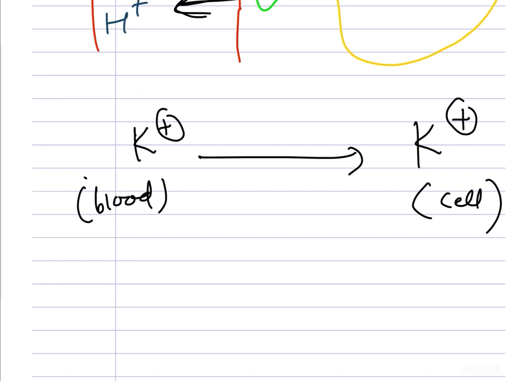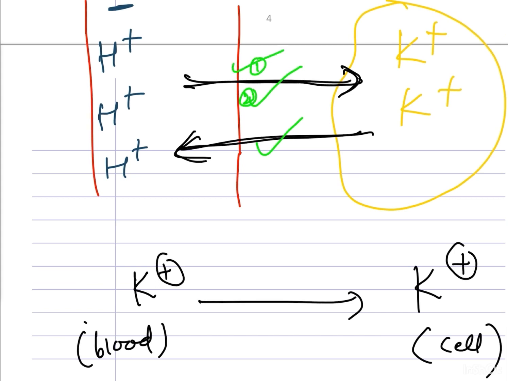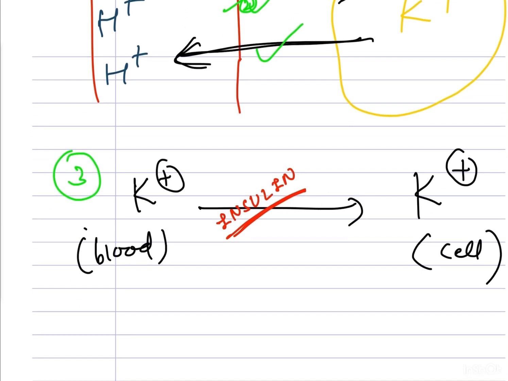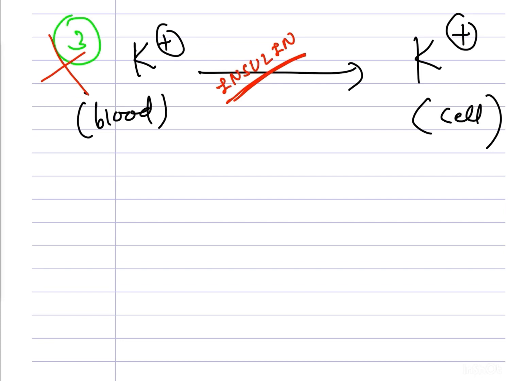So potassium will try to escape from the blood vessel and again go into the cell. But this was step number 1 and step number 2. These two will happen in our patient, because these 3 steps require insulin for action. Without insulin, step number 3 can't happen. So step 3 will not happen in our patient. Now our patient will suffer from intravenous high K plus.